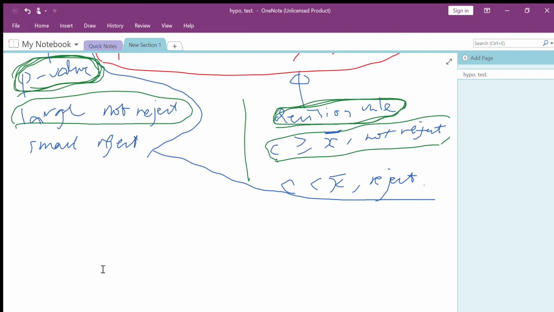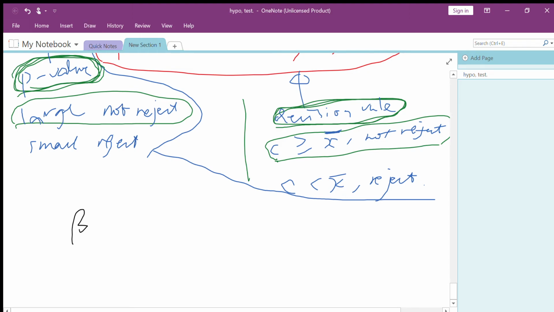With the help of alpha, the type 1 error rate, we can propose the decision rule approach. So what is the use of beta, the type 2 error? Let's talk about beta now.